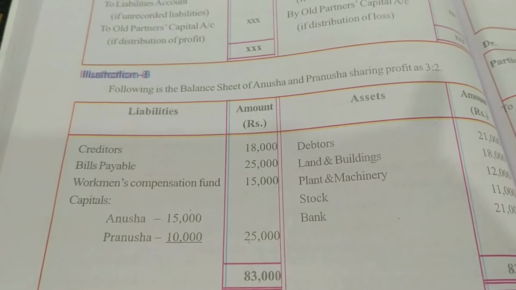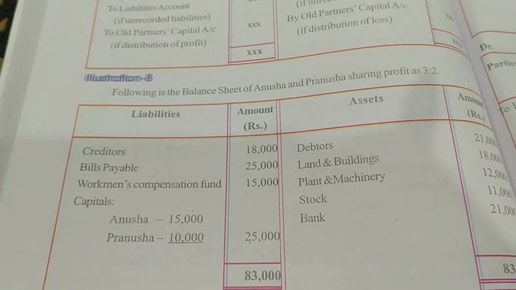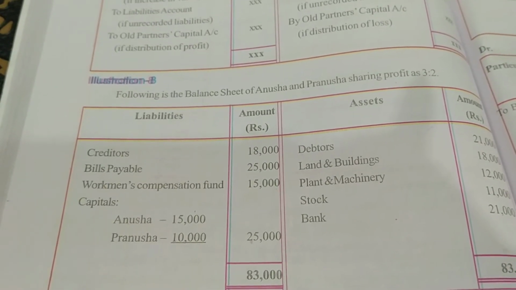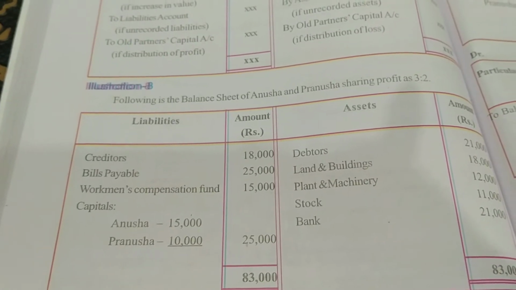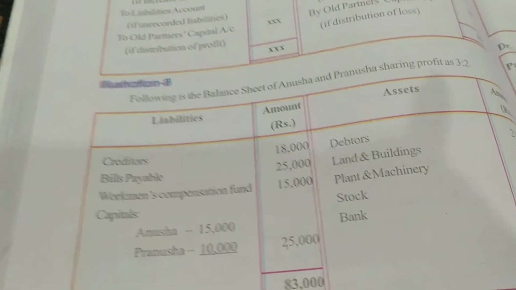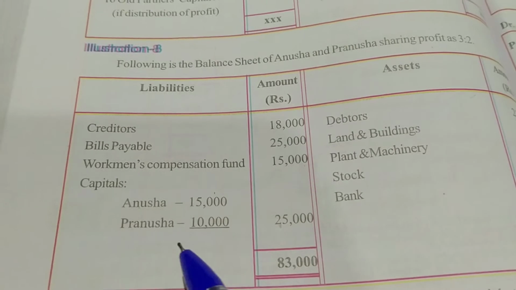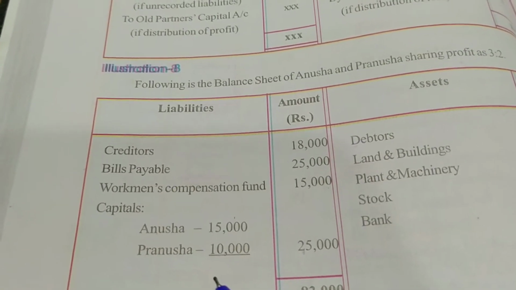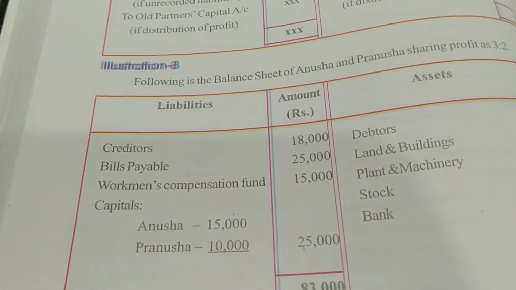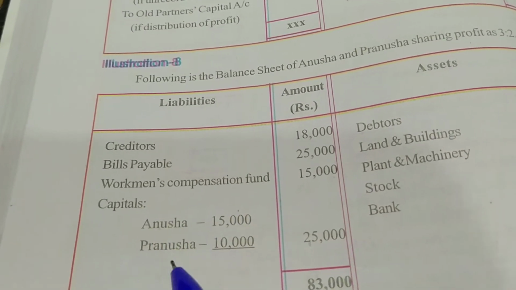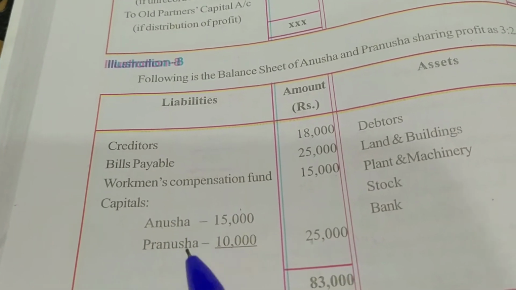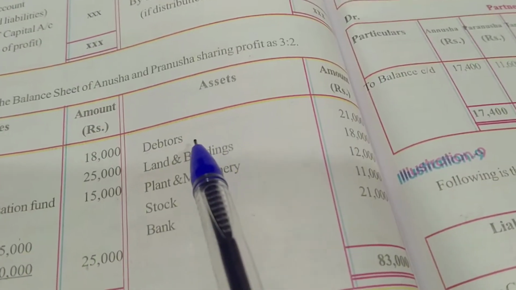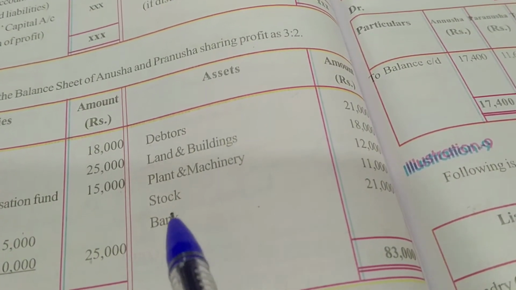So here we have creditors, bills payable, workmen's compensation fund. These amounts will go to the balance sheet. And these capitals, you remember in the partners capital account credit side you were writing balance b/d, opening balance. This amount will go there for the old partners Anusha and Pranusha. Now on this side we have debtors, land and building, plant and machinery, stock, bank.